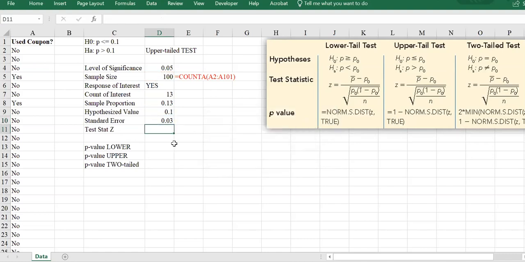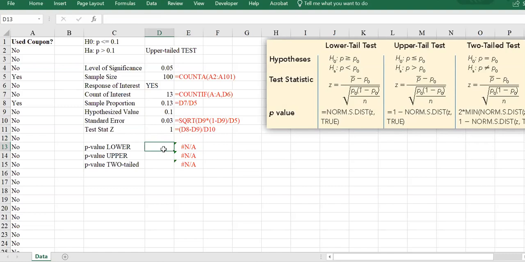And then the test statistic would be P bar, the sample proportion, minus P0, the hypothesized value, divided by the standard error. So just the standard error. And we have the test statistic equal to 1.